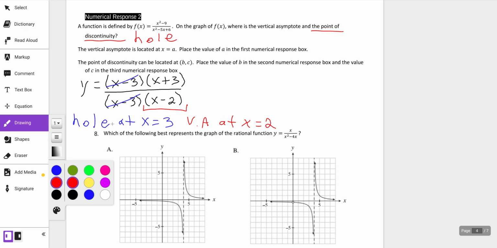To figure out exactly where that hole is, I need to go to my function and test the x value. So in this case, I'm testing x equals 3, so it'll be 3 plus 3 over 3 minus 2. That means that my hole will be at 6 over 1, which is just 6. My hole is at 3, 6. The answer was 2, 3, 6. Vertical asymptote at 2, hole is at 3, 6.